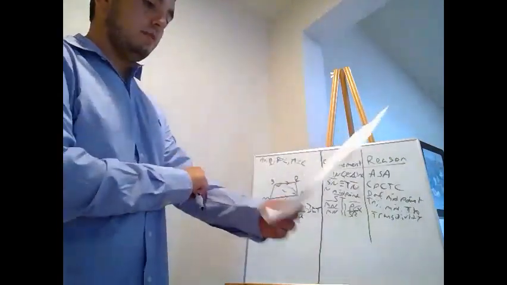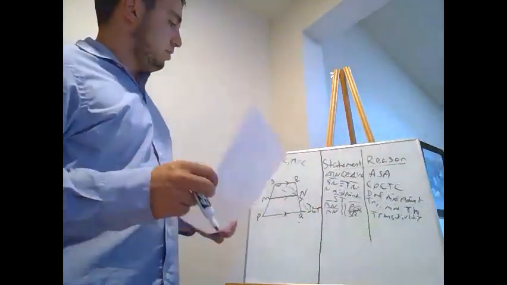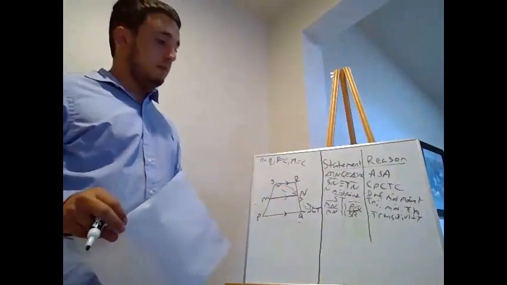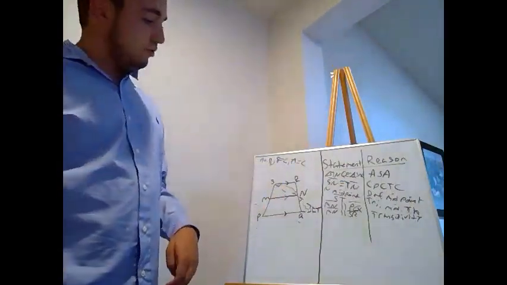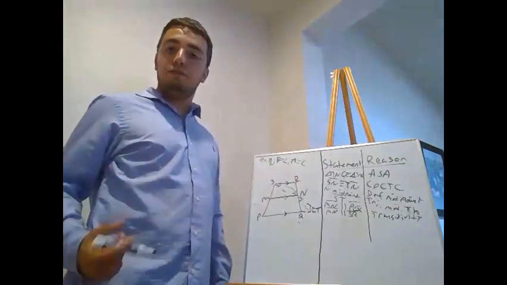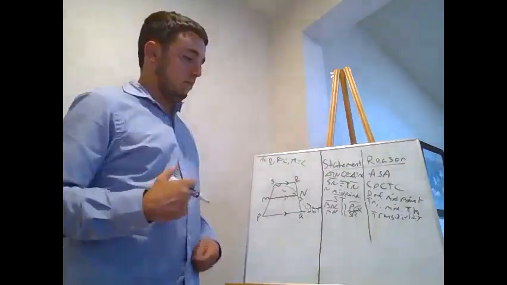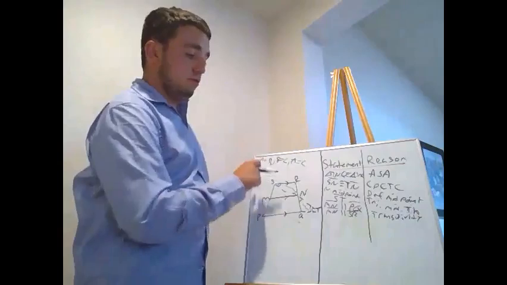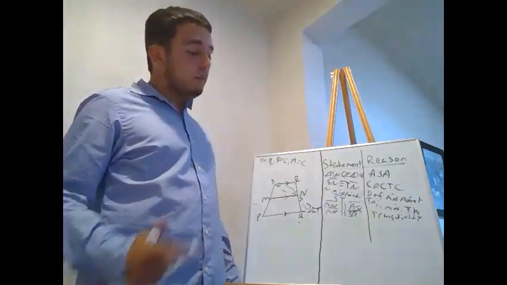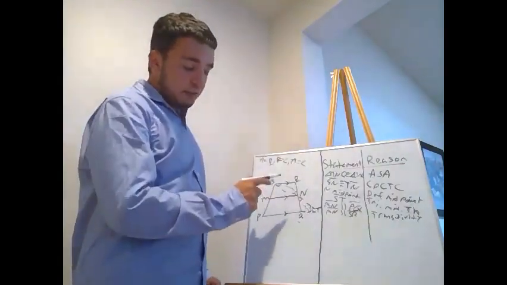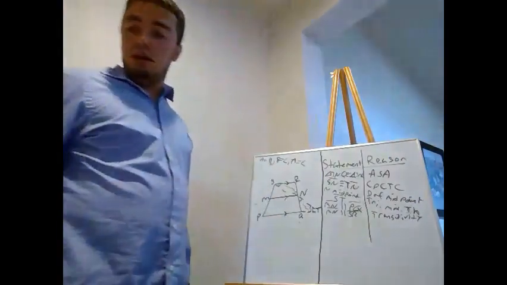Next step will be to prove the second part, because now you should notice, we just proved the first characteristic of our median, that it is parallel to the two bases. Now we need to prove that it is half the length of the sum of the bases.